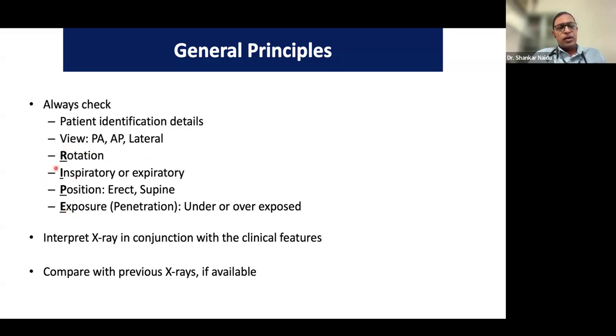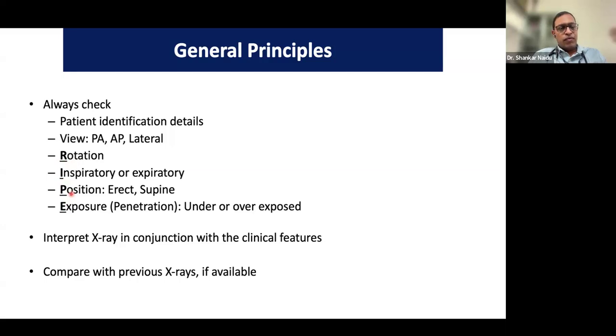After that, what you need to remember is this mnemonic, RIPE. R stands for rotation, I stands for the inspiratory status, P stands for the position of the patient, and E stands for the exposure. The X-ray film has to be centrally placed, that is, there should not be any rotation of the film. Ideally we should have an inspiratory film, taken in deep inspiration, because expiratory films would mask a few of the findings.